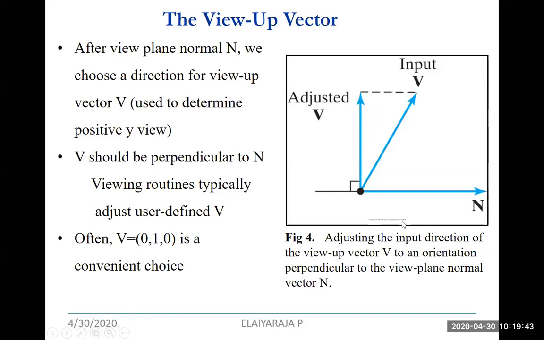V should be perpendicular to N. The up vector should be perpendicular to the normal vector, and the viewing routines typically adjust to this user-defined V. When you consider this up vector with respect to your Y plane, the value 0, 1, 0 is your convenient choice with respect to the Y axis.